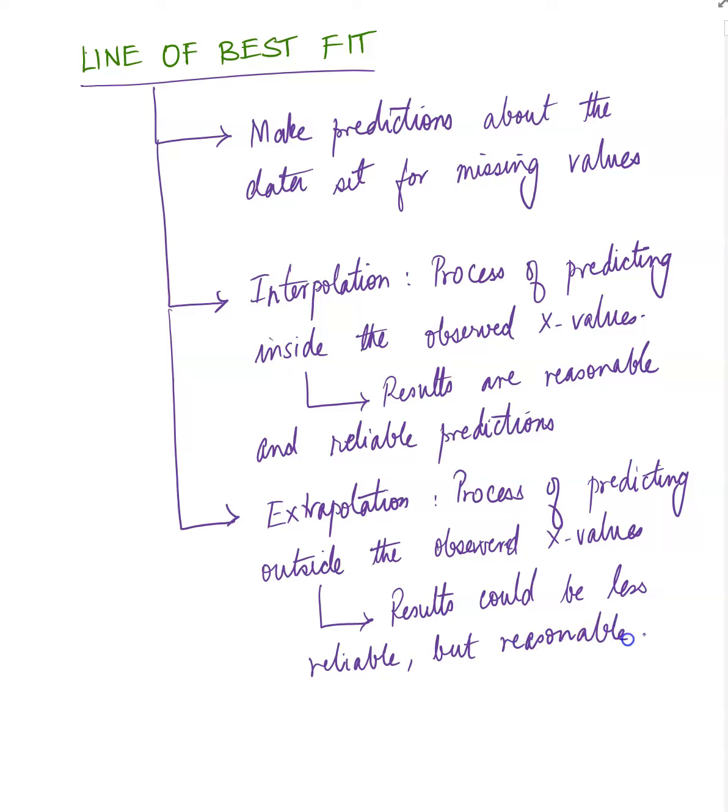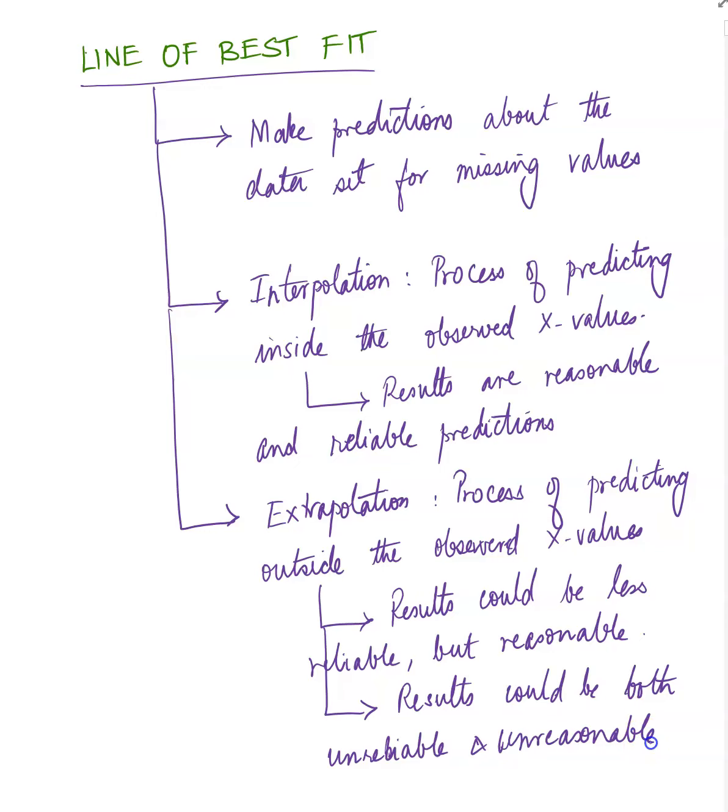Sometimes it can be completely useless, as in the results could be both unreliable and unreasonable. So when we make predictions, we have to be careful about the circumstance, the values we're choosing, and what kind of prediction we're making. Is it interpolation or extrapolation? And if there is value to what we're doing.